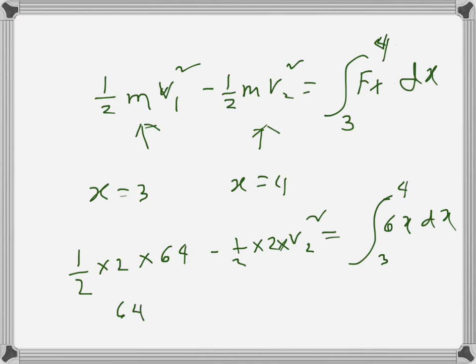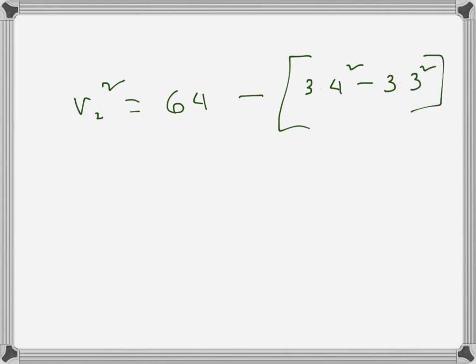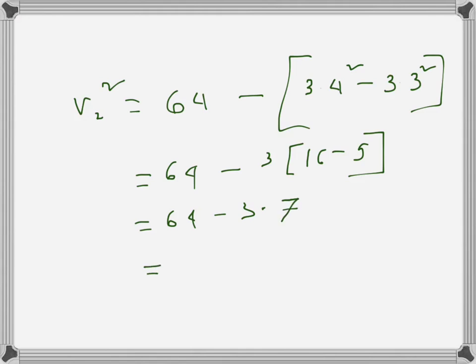So this is 64 minus v2 squared, and the integral is 3x squared, evaluated from 3 to 4. So v2 squared is equal to 64 minus, taking that to this side, 3 into 4 squared minus 3 into 3 squared. Four squared is 16, so if I take 3 out, that's 16 minus 9, so 64 minus 3 into 7, that's 64 minus 21, which is 43.